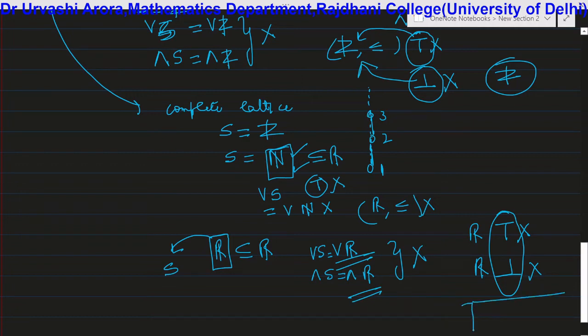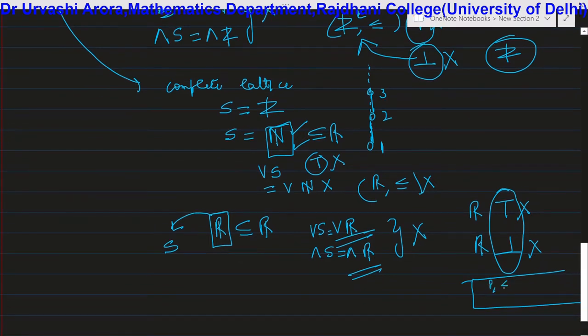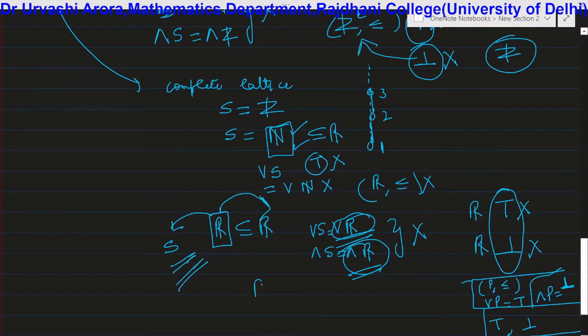Again I refer to the result which I discussed in the video, that if (P, ≤) is a poset, then the join of P has to be the top element, and the meet of P has to be the bottom element, the inverted T, provided the top element and the bottom element both exist in P. So since in the set of real numbers the top element and the bottom element do not exist, R, when regarded as a subset of itself, doesn't have a join and doesn't have a meet, which means that (R, ≤) cannot be a complete lattice.